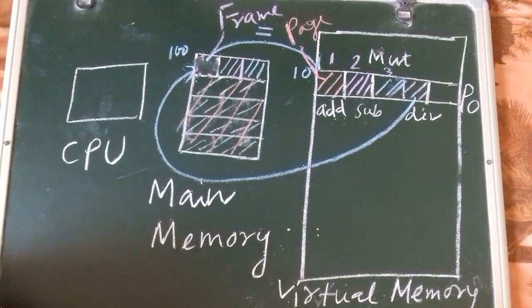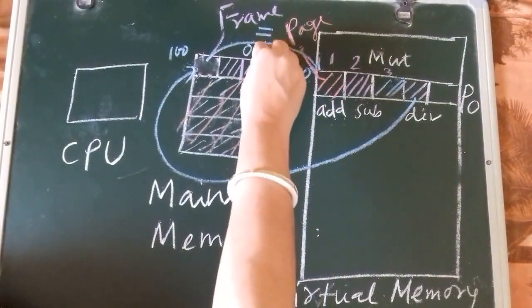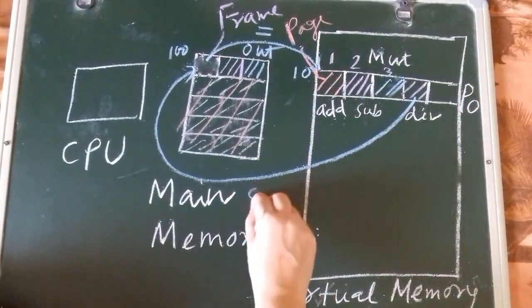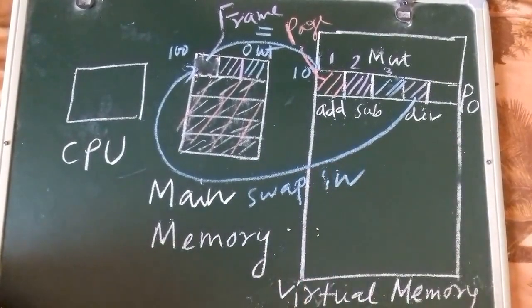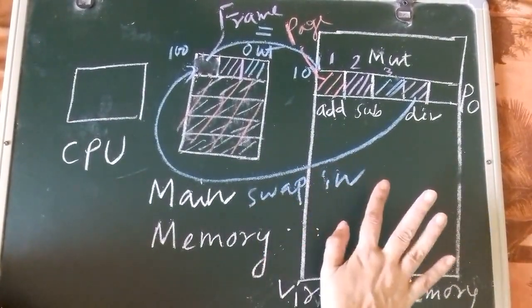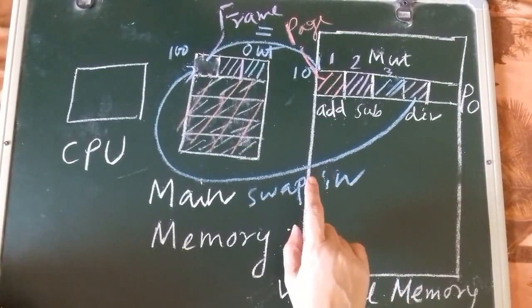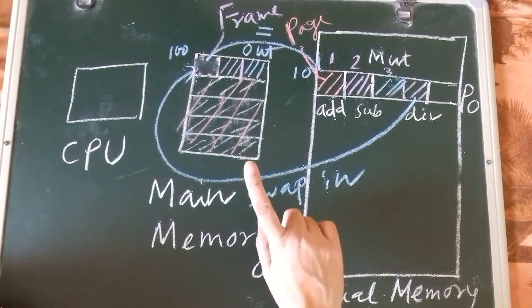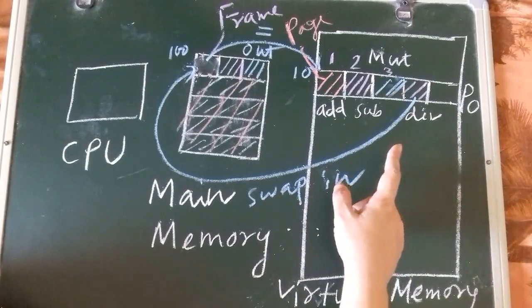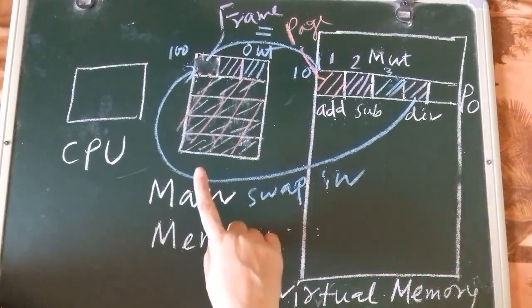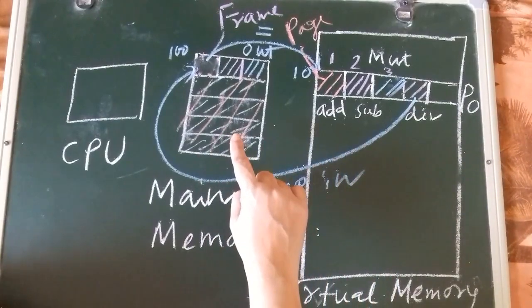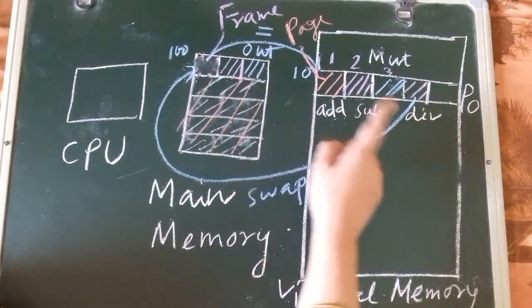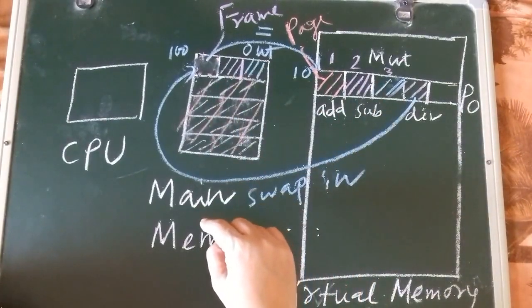This is called swap out, and this part is called swap in. Swap in is when we bring it from virtual memory to main memory, and swap out is when we take it back from main memory to virtual memory.